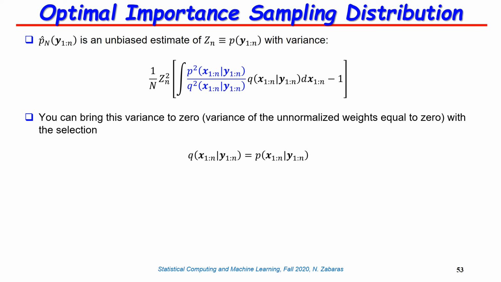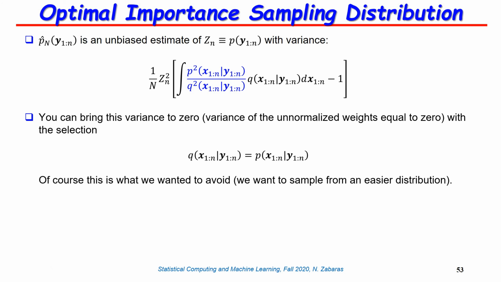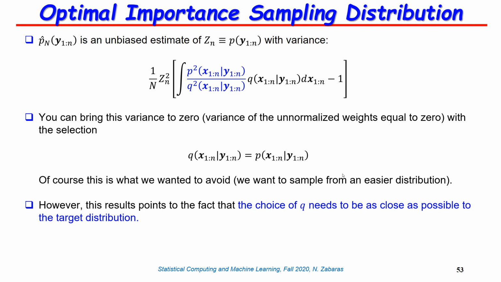But again, remember, we don't want to do that, right? This is what we try to avoid. But again, this points to the fact that we need to make the importance sampling distribution as close as possible to the target distribution p of x given y.